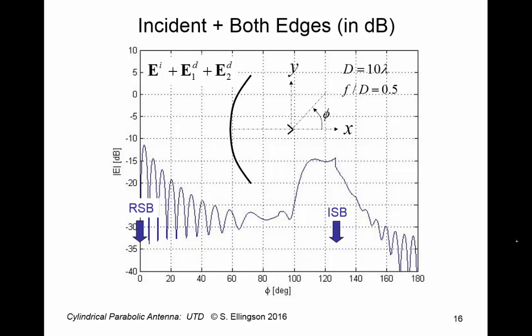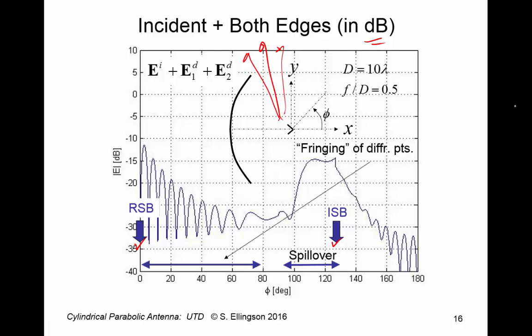So here's the exact same plot, but now in dB, because this is the way patterns are traditionally depicted. I've indicated here again the reflection shadow boundary and the incident shadow boundary. Here's the region in which spillover is important. That is this region here, where the incident field, that is a field from the source, is non-zero and yet doesn't strike the reflector.